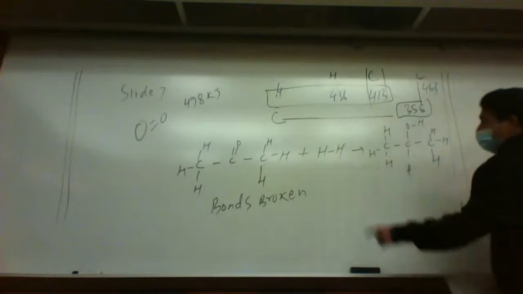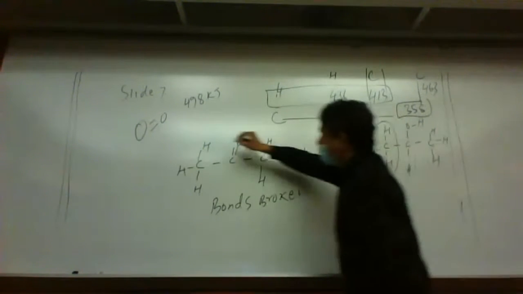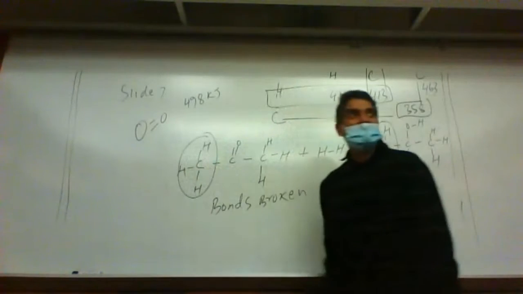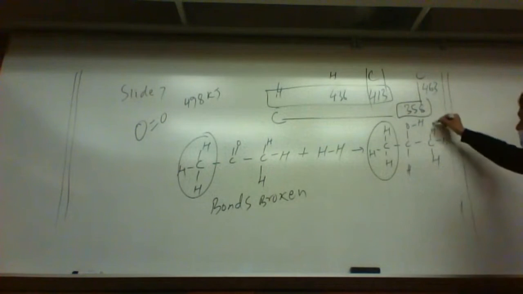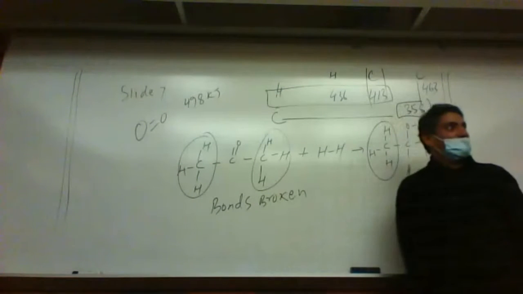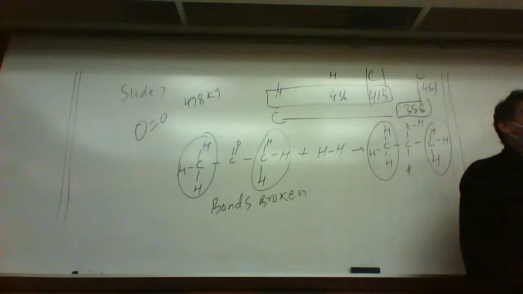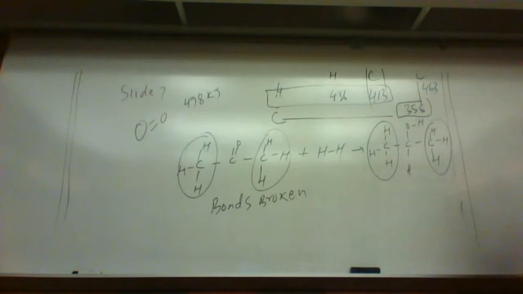You see here, so where is the change? This part here and this part here are the same, so we don't have to worry about this part. And look here, this part and this part are exactly the same. No worry about this one, because those bonds didn't change, so we don't know what happened there, but they look like the same.